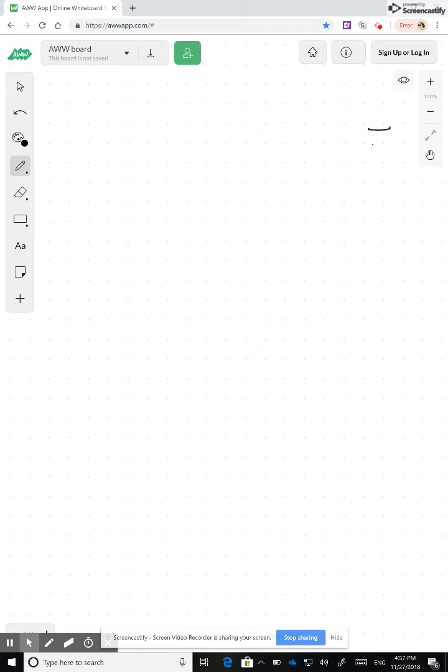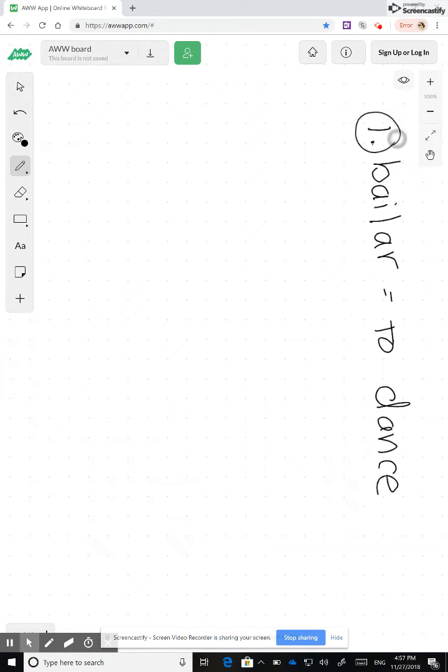Infinitive means that it's in the most basic form, that we haven't done anything to it. So for example, the verb bailar. Bailar means to dance. So that's our first step, because we're just going to identify our verb. We know that it ends in AR, and we know that it's a regular verb.